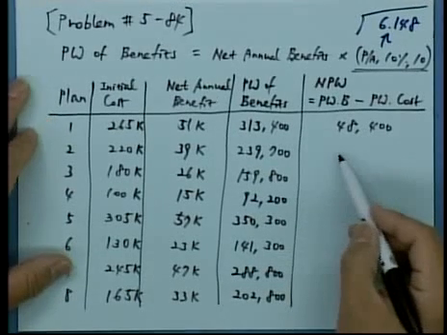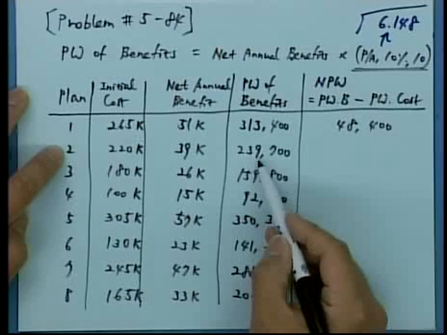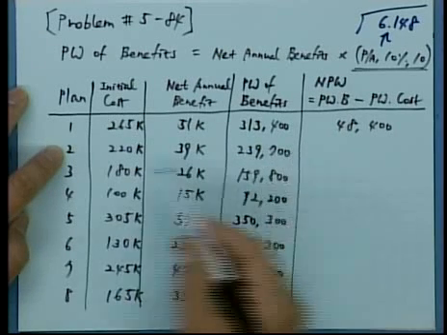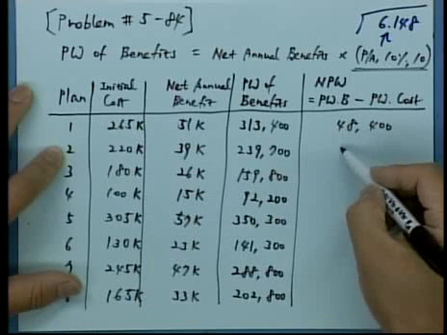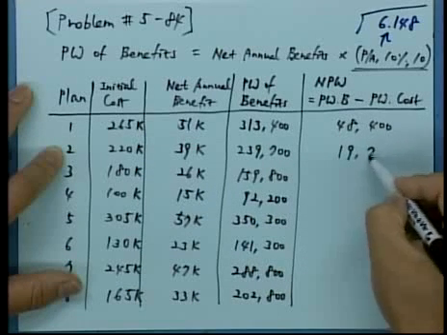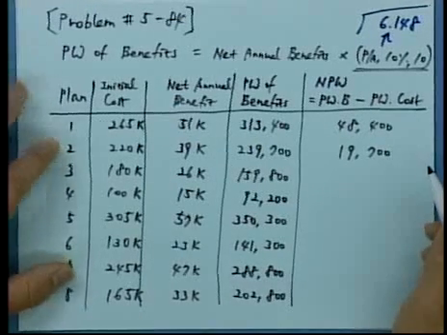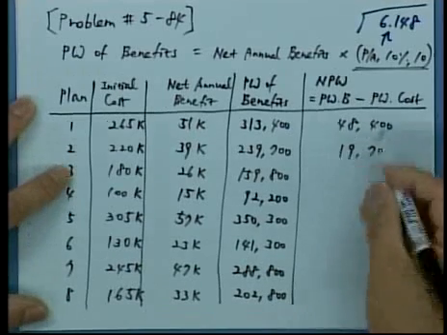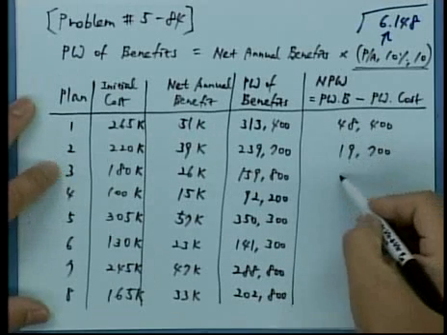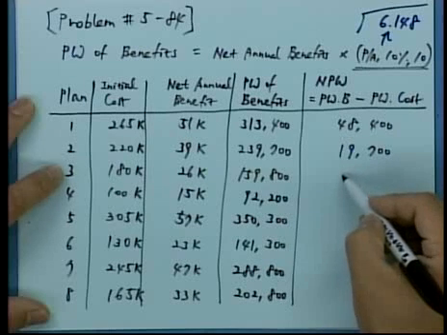Likewise, the net present worth for plan number 2 would be 239,700 minus 220,000. So it's going to be 19,700. The same way, for plan number 3, the net present worth would be a negative value.